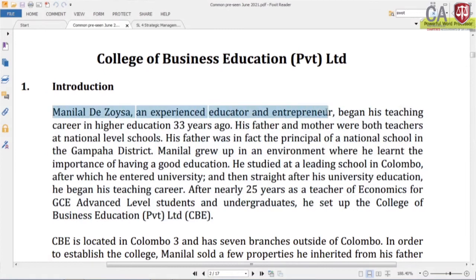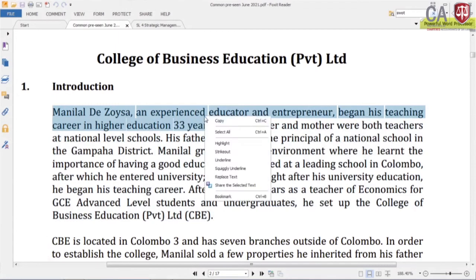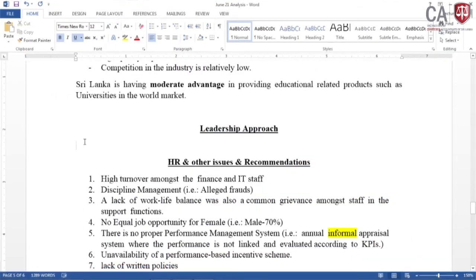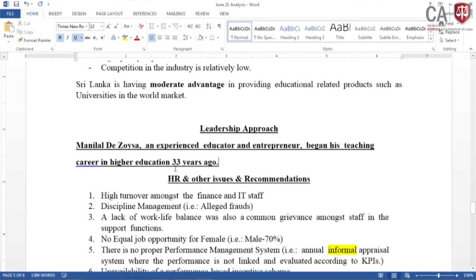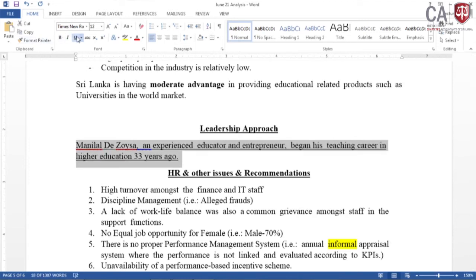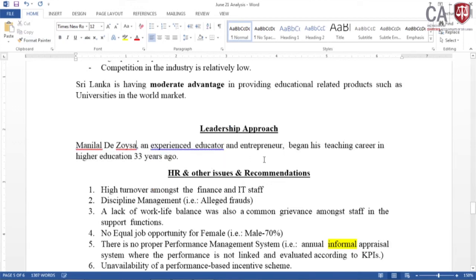He is an experienced education entrepreneur, with a teaching career.